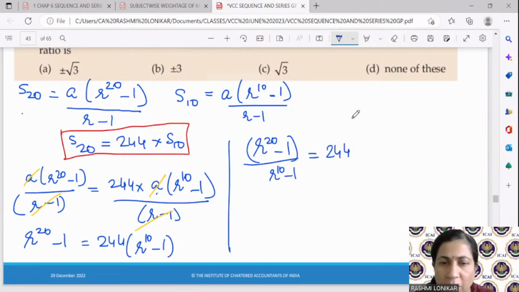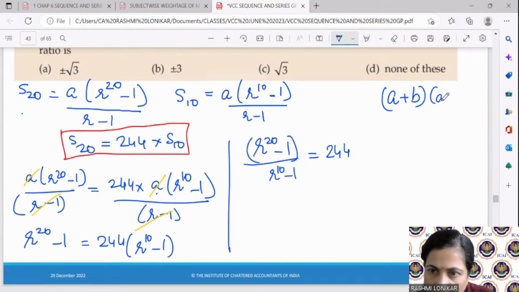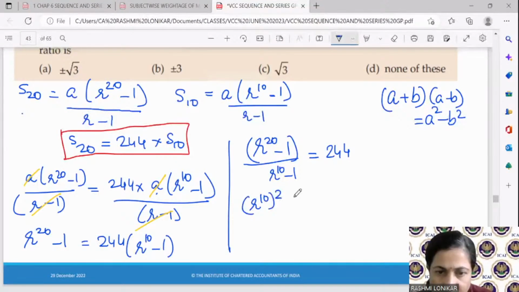Now R raised to 20 can be written as R raised to 10 squared. Again, this is a plus b into a minus b is equal to a squared minus b squared. So R raised to 20 minus 1, I will write as R raised to 10 squared minus 1.